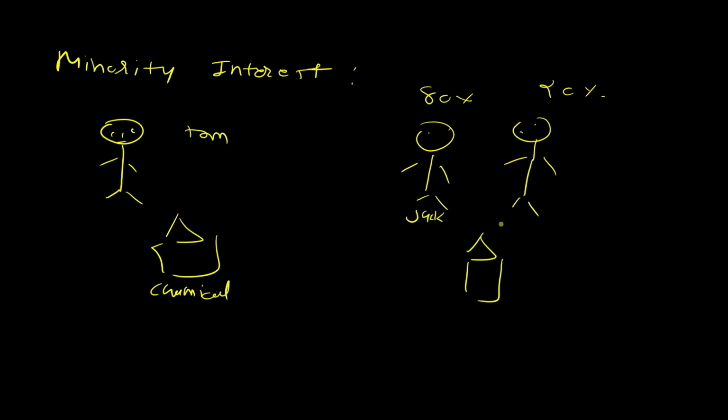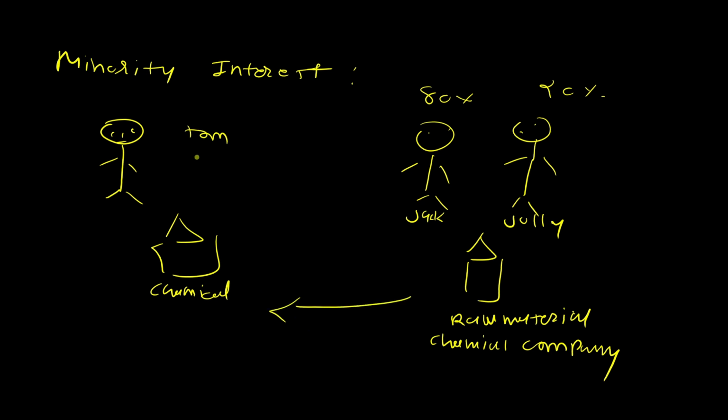This is the raw material company, a chemical company, which supplies to Tom's company. So Tom wants to backward integrate his business.